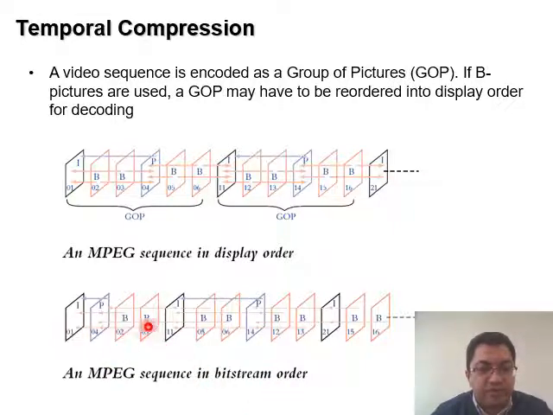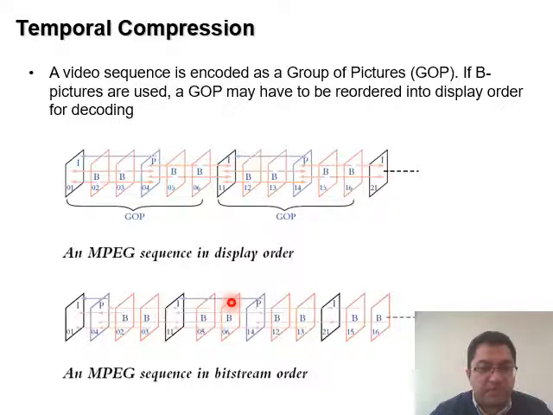Now after sending this, the next frame to send has to be this intra frame. Why? Because these two B's rely on this predictive frame, frame number 4, which we already received, but they also rely on frame number 11. So we have to send frame 11 first, and then send frames 5 and 6. Again, frame 11, when it's received here, it will not be displayed, just stored, so that we can predict frames 5 and 6.